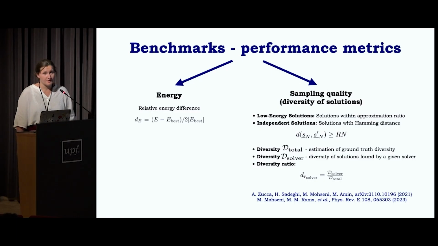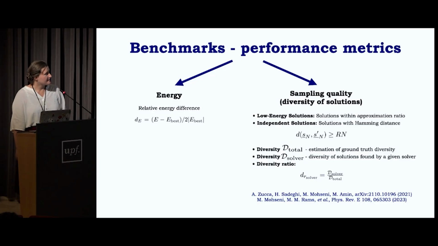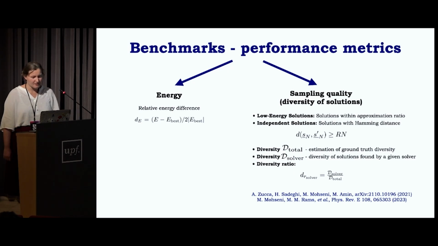In the first metric, the energy metric, our goal was to achieve the lowest energy within some reasonable available resources. And we plotted the relative energy difference above the best solution, where E-best is the best solution that we got by putting together the solutions from all tested solvers.